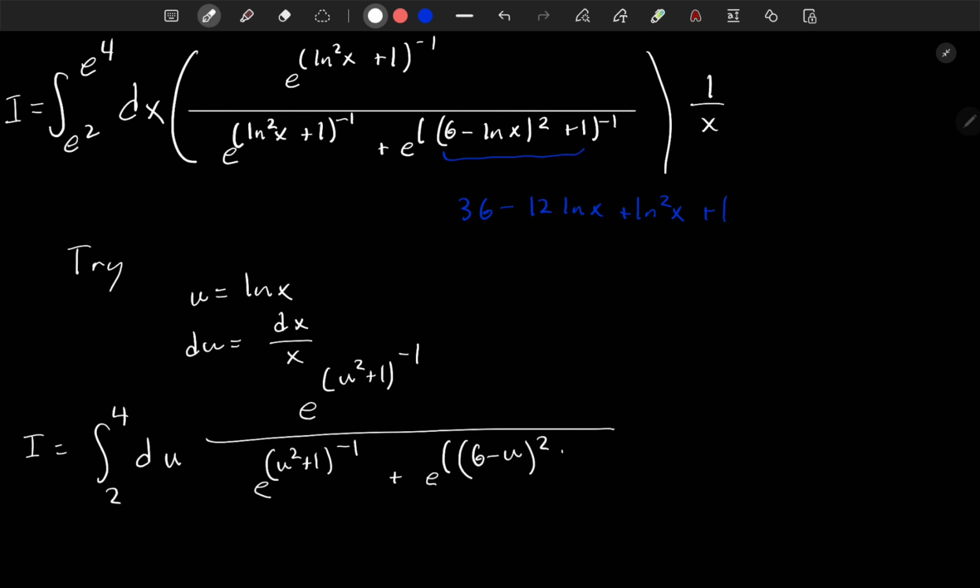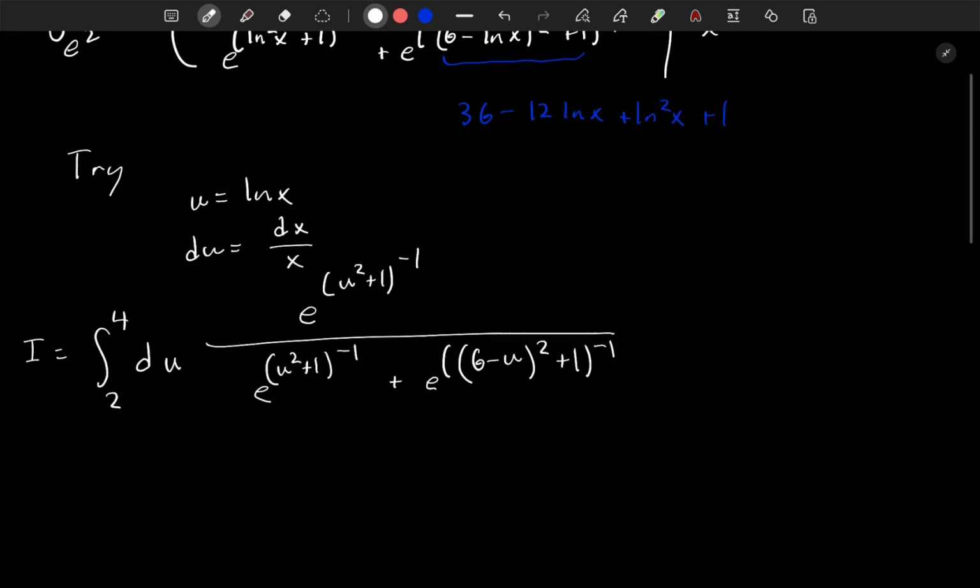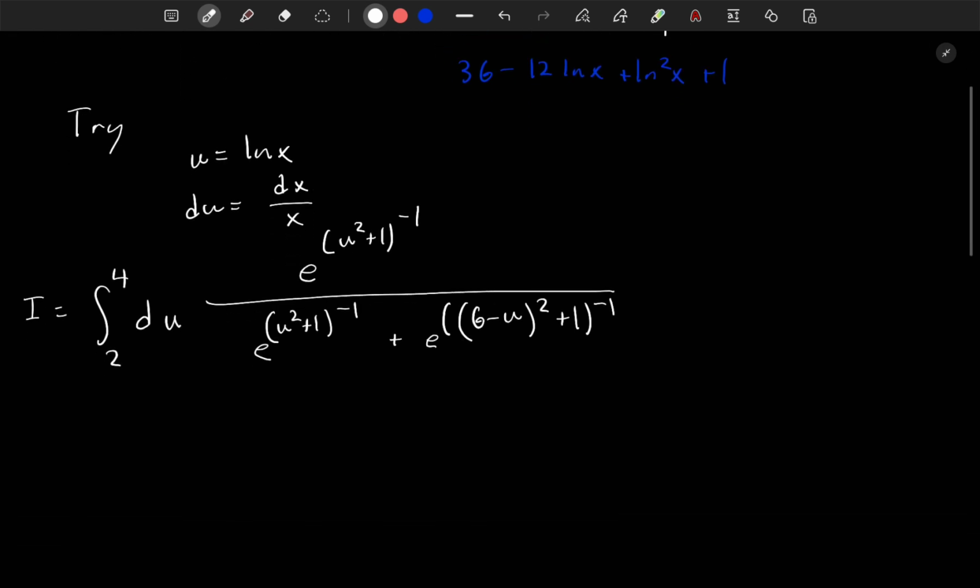Not sure what form is the most helpful. Maybe let's do a shift. Instead of 2 to 4, I want to go from 0 to 2. Will that save us anything?